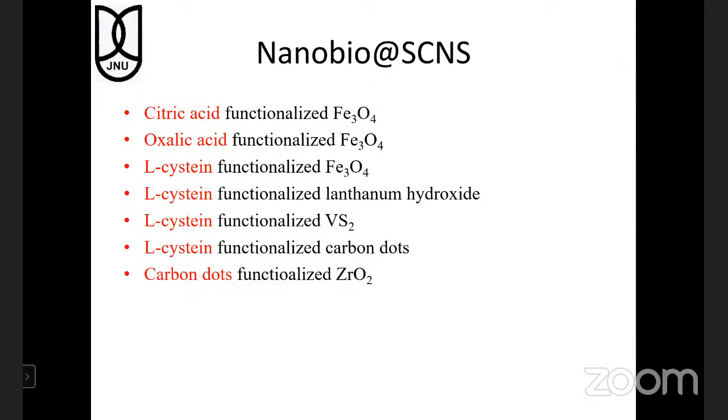Mostly we have used L-cysteine for almost every nanomaterial we have synthesized in our lab, because L-cysteine is an amino acid that is 100% biocompatible, and it also provides the amine and carboxy groups that help to bind with other biomolecules like antigens and enzymes. We have also fabricated carbon dots functionalized zirconium oxide. These are again 100% biocompatible.